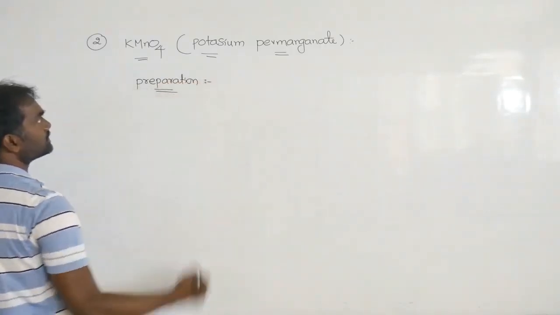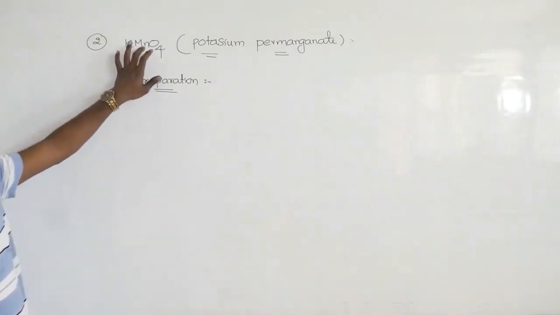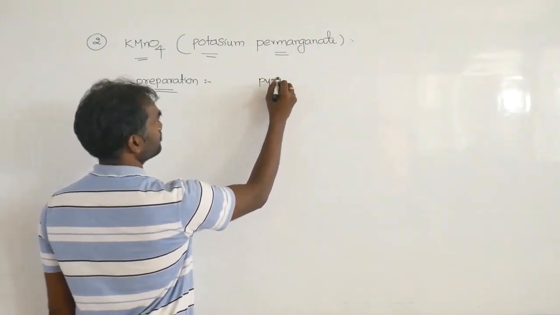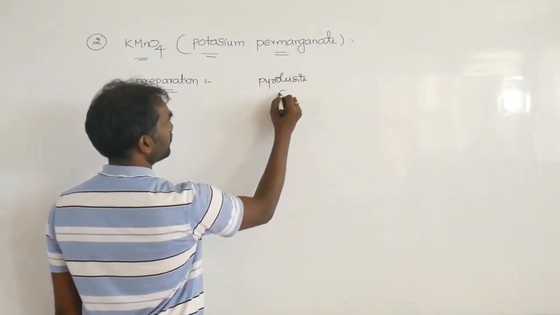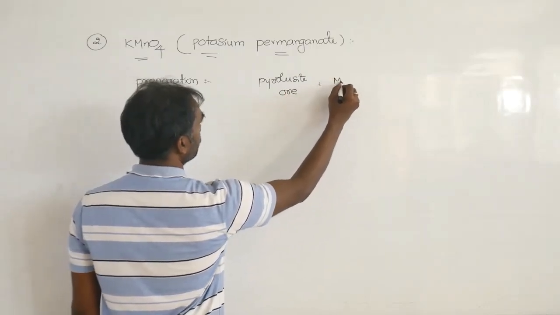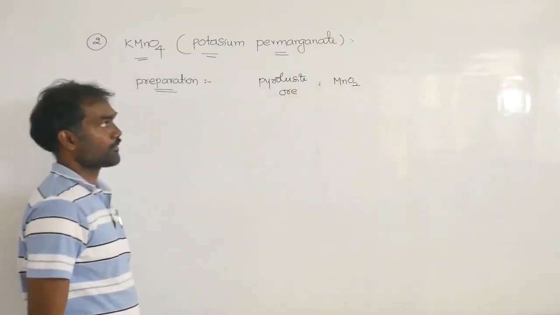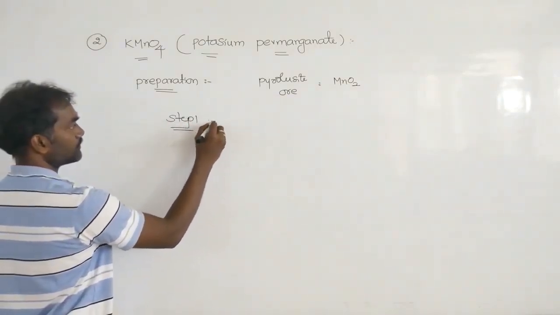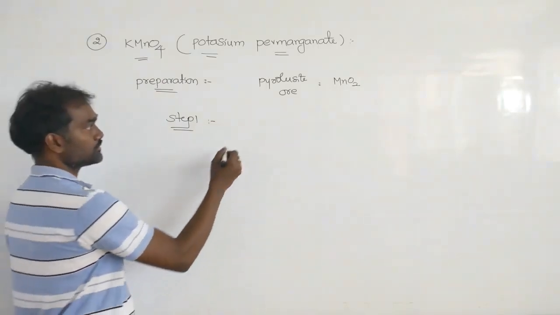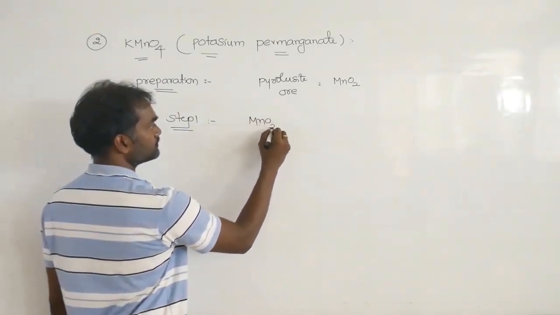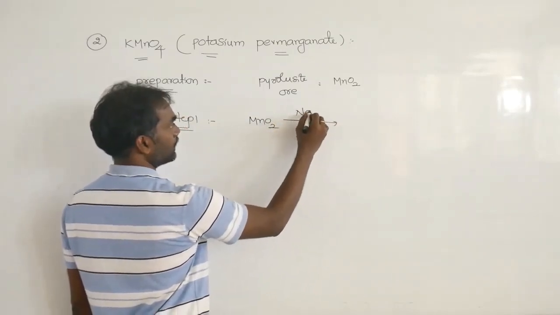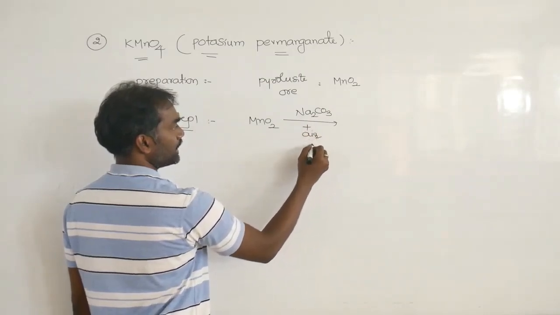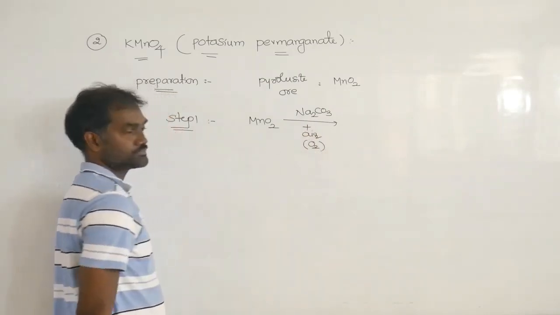So preparation of this. This is mainly extracted from pyrolusite ore. So pyrolusite ore, that formula is MnO2. Step 1: the pyrolusite ore is treated with Na2CO3 in the presence of air. Air is nothing but oxygen.